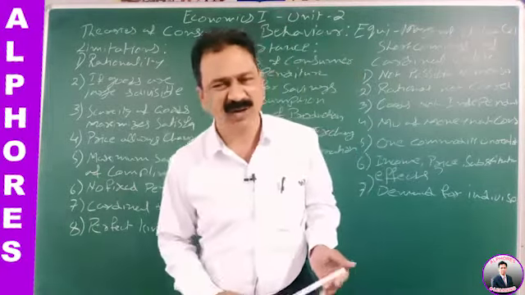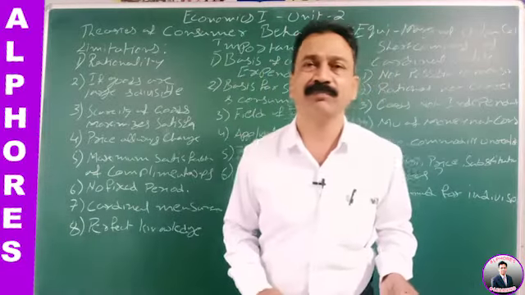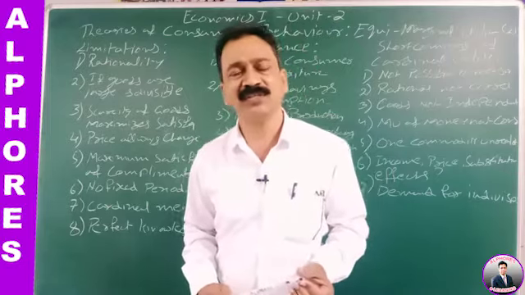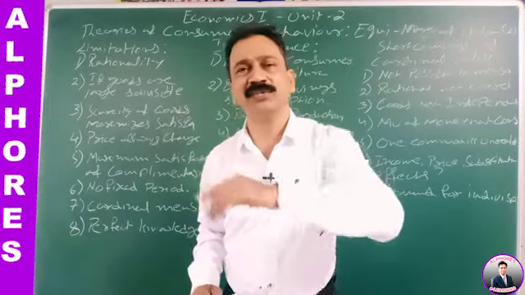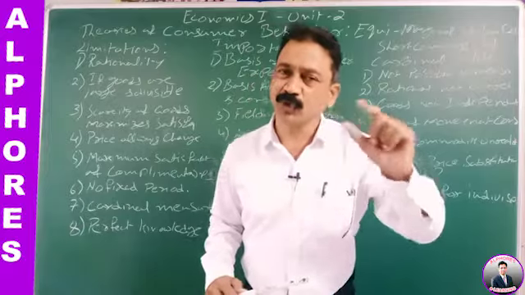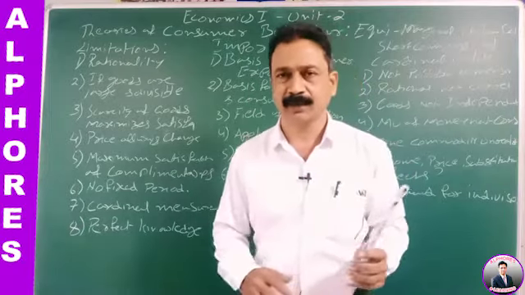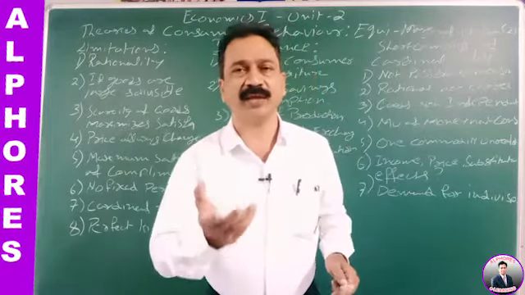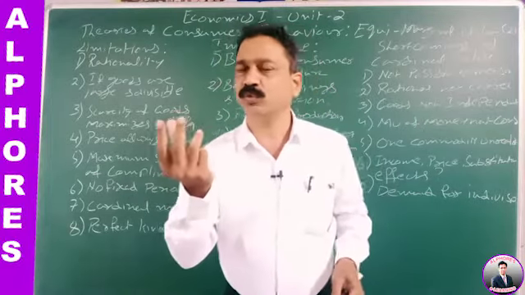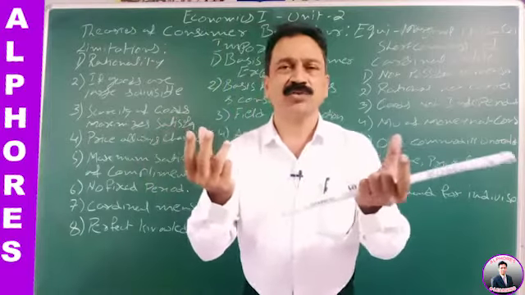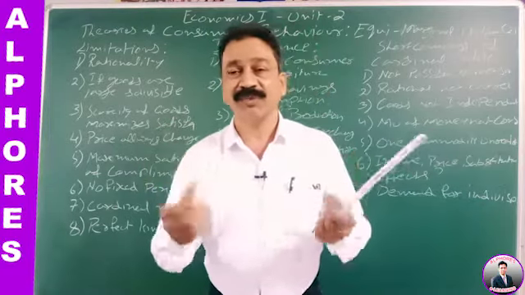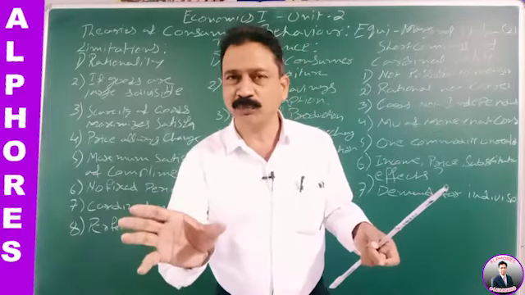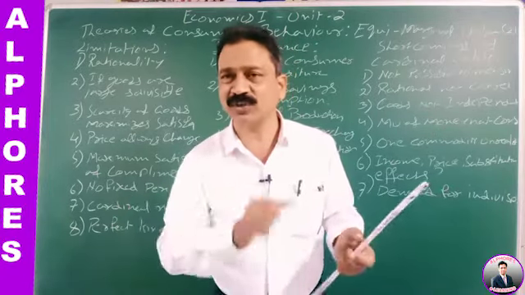Already we have seen cardinal measurement is not possible because you cannot measure the satisfaction of a person in particular numbers. Only it is possible to compare. Like, I generally ask my students what sweet they like. One will say motichur laddu, another will say kaju katli. If I give each one 100 grams of motichur laddu, how much satisfaction do you get?